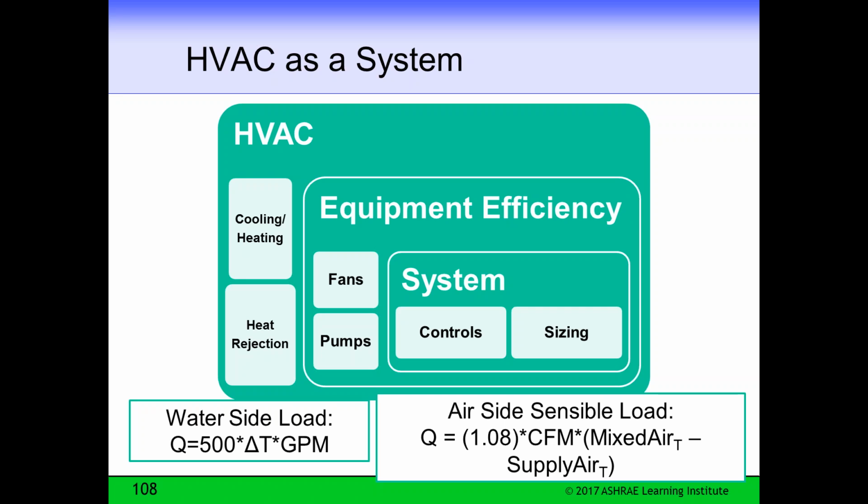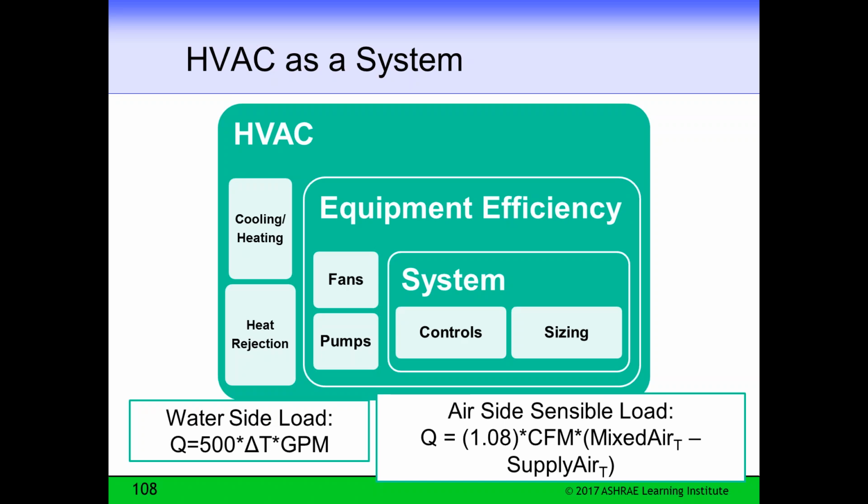There are two equations that, whether you're an engineer, an architect, or a lighting designer, you should at least have seen before and have some idea of what's going on. First off is water side load. This is again Q in BTUs, which I hate to say in front of architects because they roll their eyes, but BTUs equals 500 times delta T times GPM.